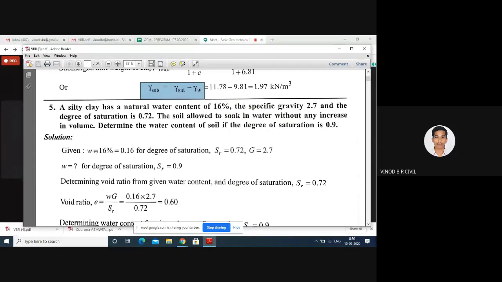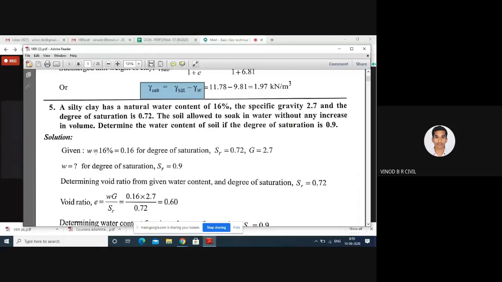Determine the water content of the soil when the degree of saturation is 0.9. See, the main thing in basic geotechnical engineering is that you have to read the problem carefully, because sometimes they twist the question or problem in a different manner.